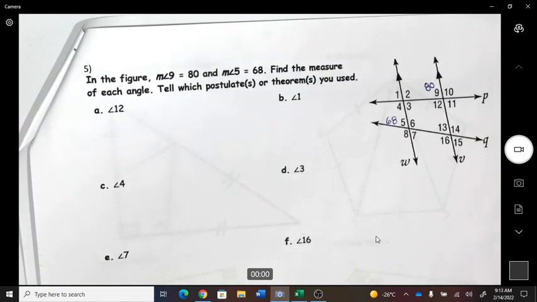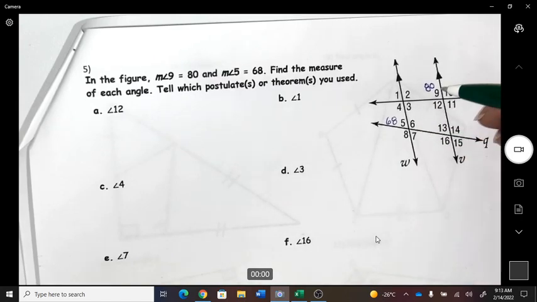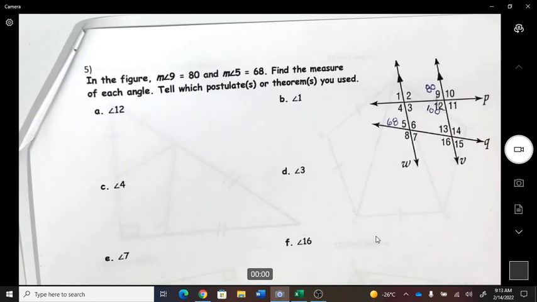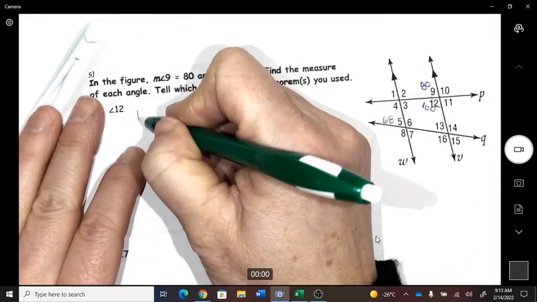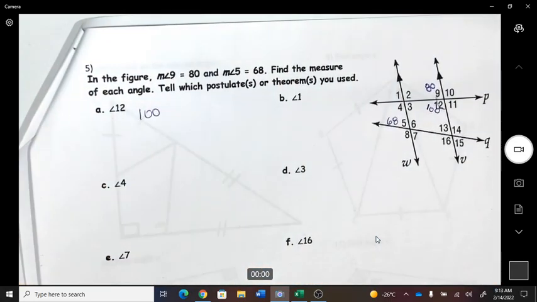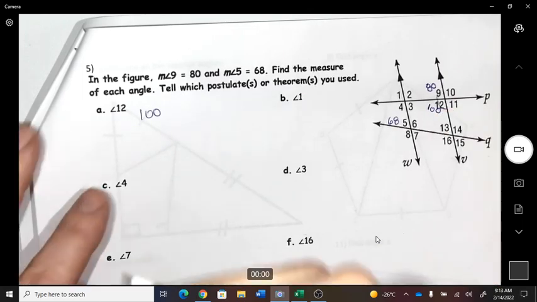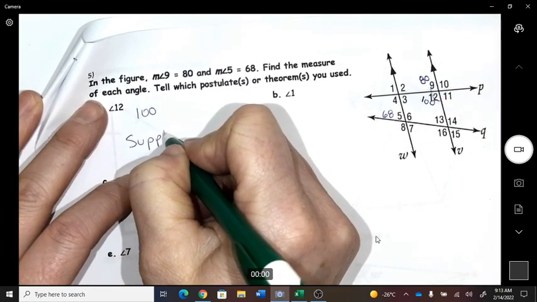What's the measure of this angle right here, right beside the 9? 100? Does that make sense? Why did I know that? What made me know that that was 100? Supplementary. They're beside each other.